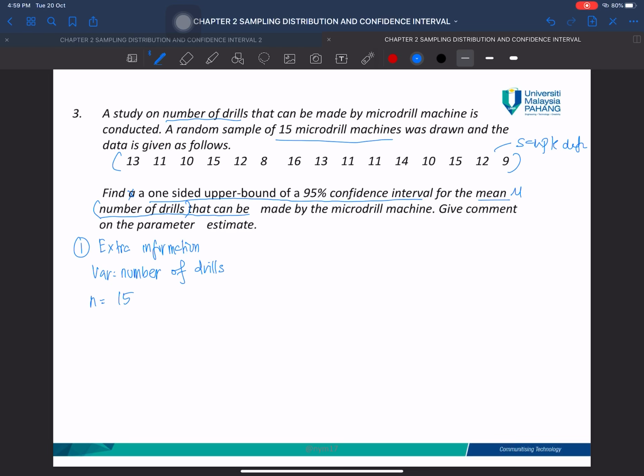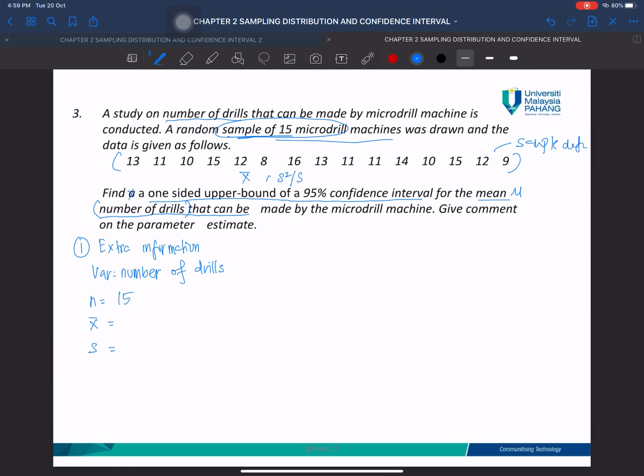If you calculate mean, then you will get x bar. If you calculate standard deviation or variance, you will get s squared or s, not the sigma, because the data here is from a sample of 15. So you can find your x bar, the information that we need for the CI of mu, and also the s.